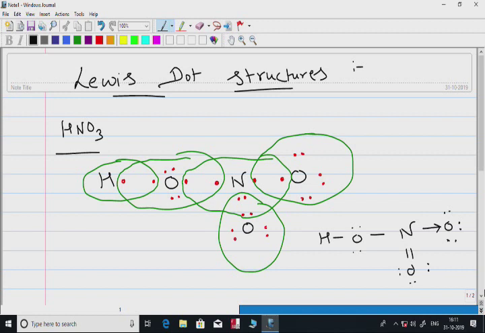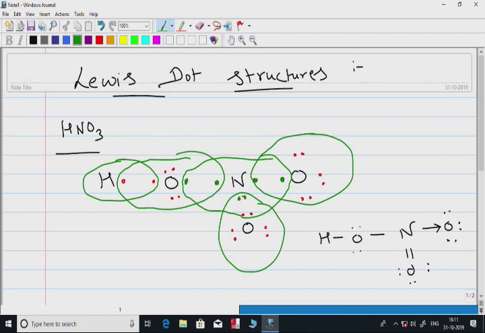Look at the number of electrons. To differentiate, I'll draw the electrons of nitrogen with this green dot. Look at this. And after that, just complete their octet and you will get your answer.